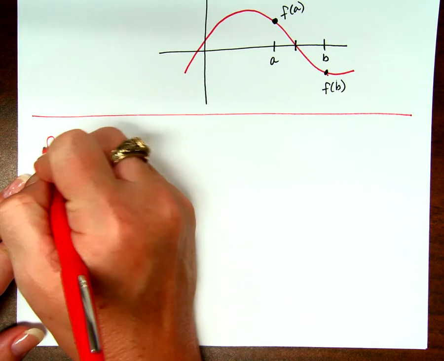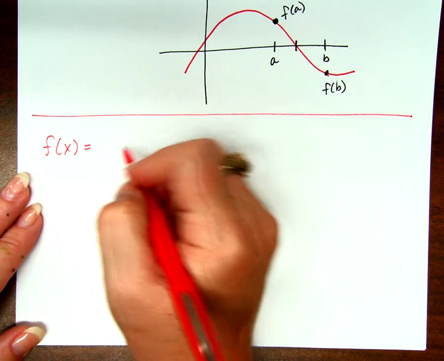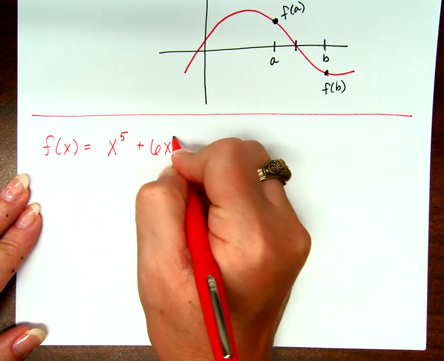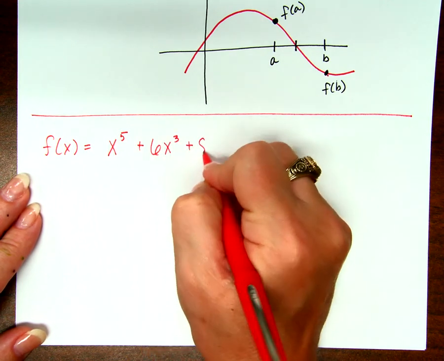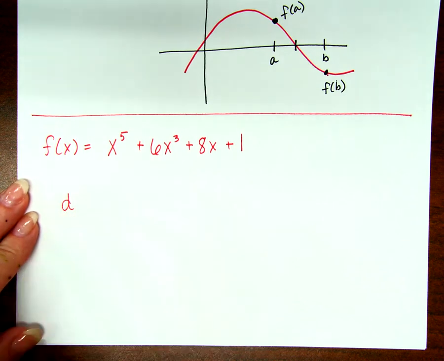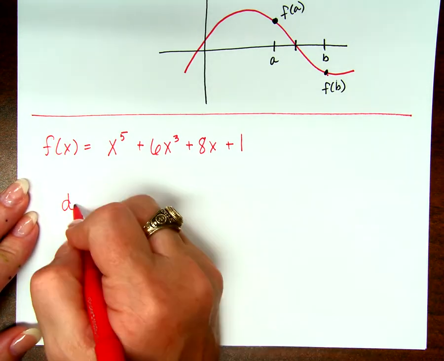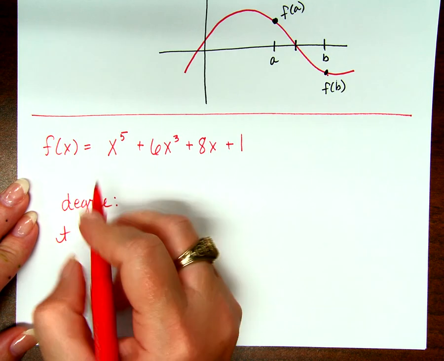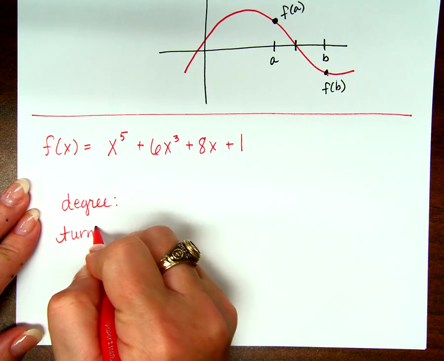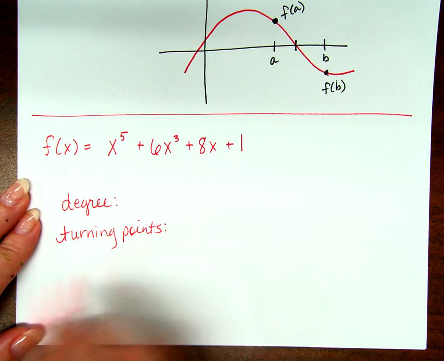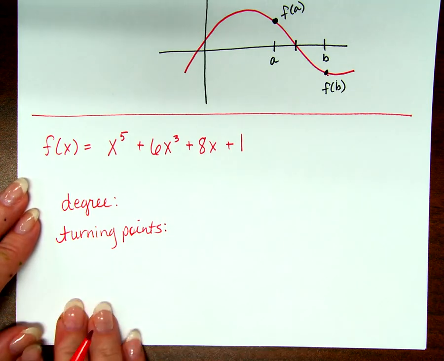So if I ask you to graph this function, x to the 5th plus 6x to the 3rd plus 8x plus 1, I need you, before you even hit anything on the calculator, to be able to tell me the degree and the turning points. How many times does the graph change direction?